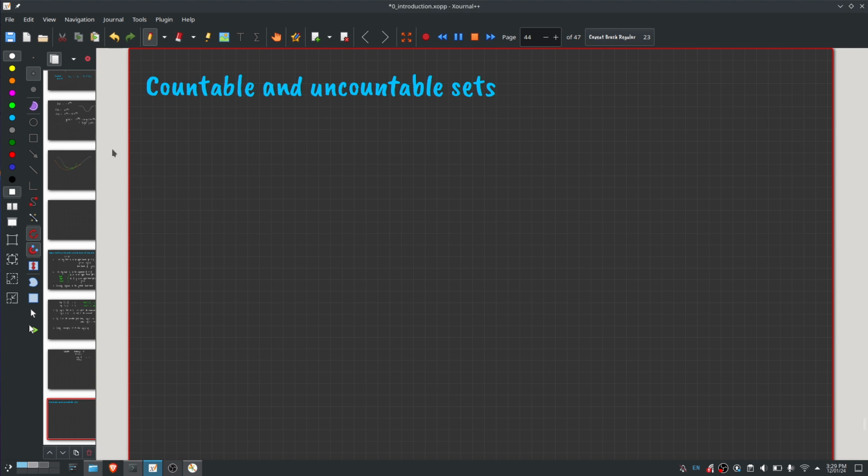Okay, so a set S is countable if, not necessarily a bijection, there's a one-to-one map from S to the set of all natural numbers.